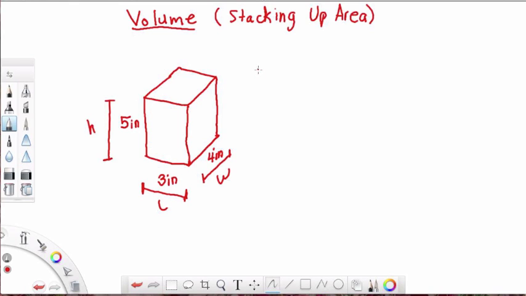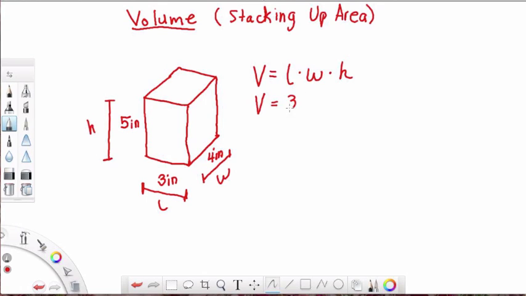The way we find volume, for a rectangular prism, is we simply multiply these three dimensions together: length times width times height. We will get the volume, the amount of space, or cubes, that will fit inside of this 3D figure.